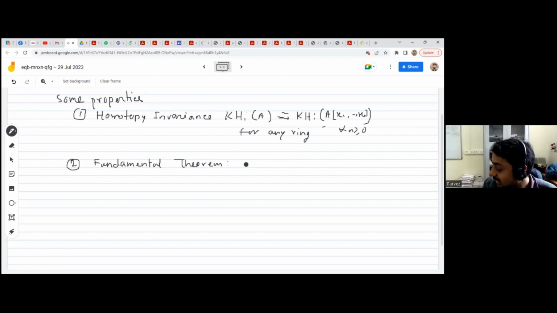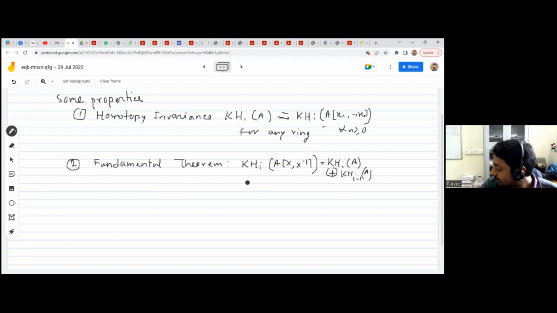The fundamental theorem is saying that if you take KH for any group, KH_i of a Laurent polynomial ring, it splits into two groups, a direct sum. So it is like KH_i of A, direct sum, KH_{i-1} of A.